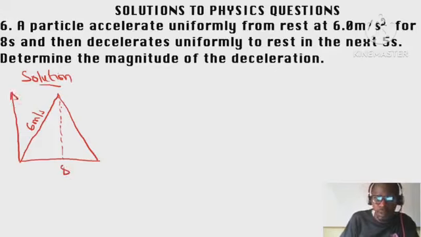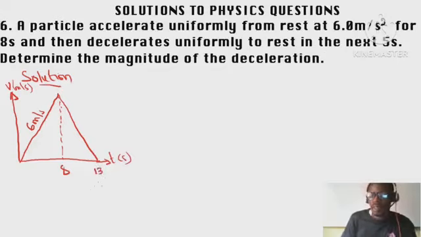This is the velocity in meter per second, and here we have the time in seconds. Then it decelerates uniformly to rest in the next 5 seconds. That means it spent 5 seconds here to decelerate, and here is going to be 13. From what we have here, we want to calculate the magnitude of the deceleration.